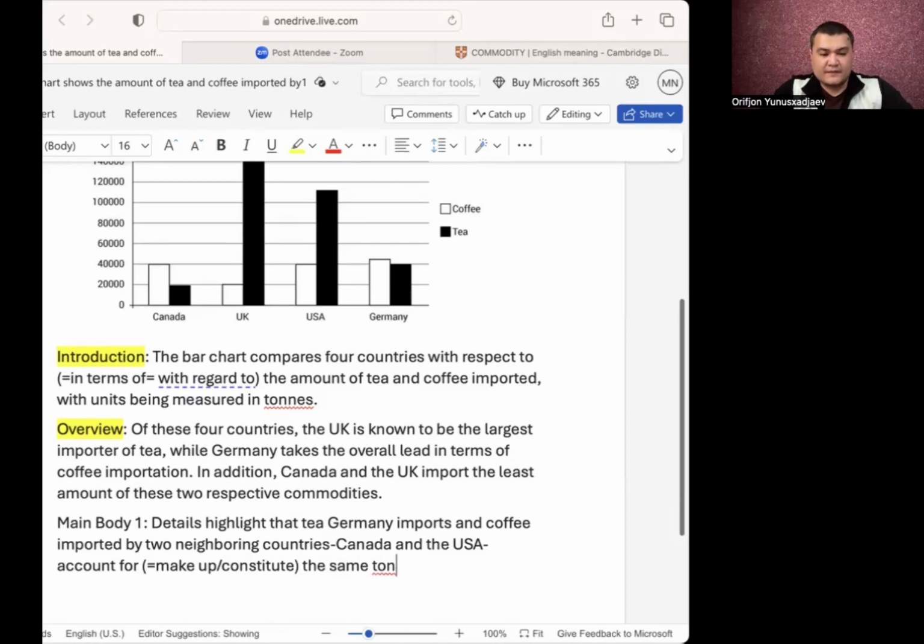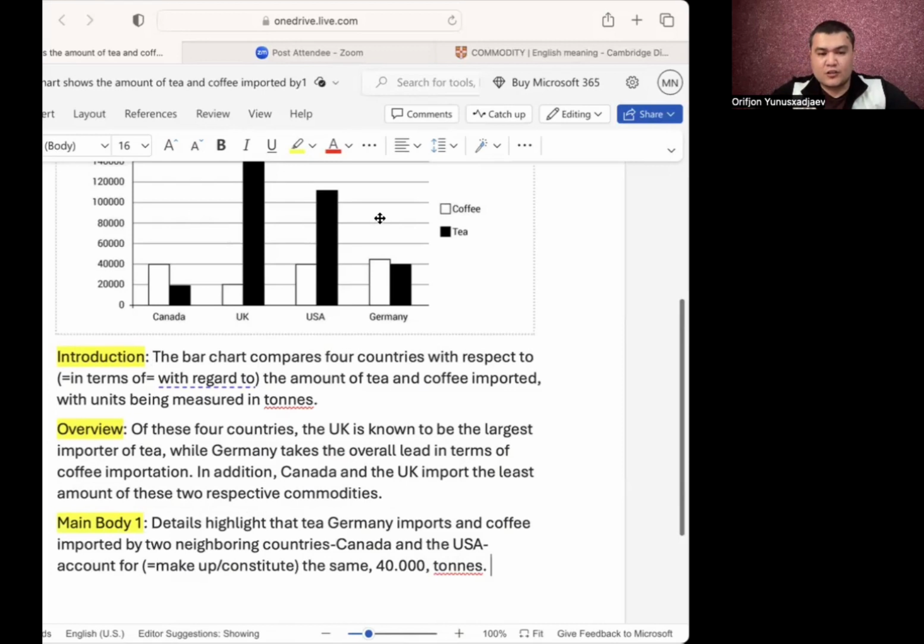Let's make it even more beautiful: the same, and here the amount is 40,000 tons. By adding this number in between the words "the same" and "tons", I'm specifically pointing it out, rather than just "account for the same tons". That's it. Our first sentence of the first main body is over.